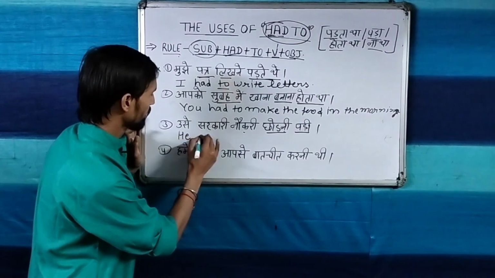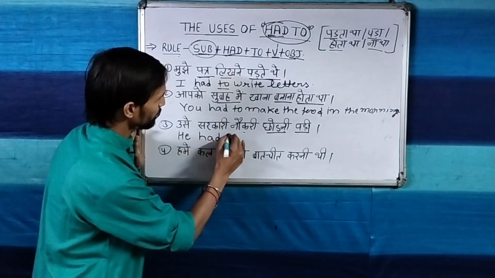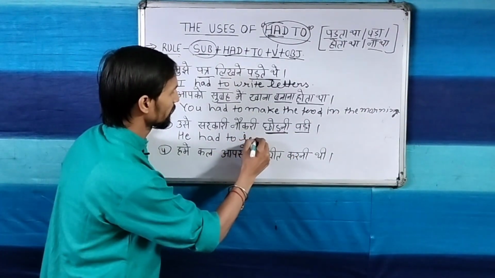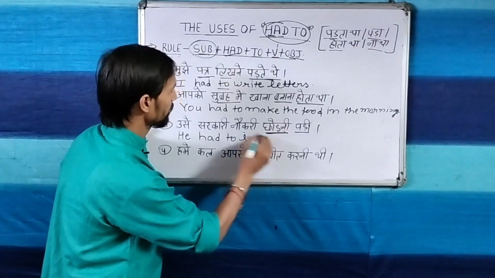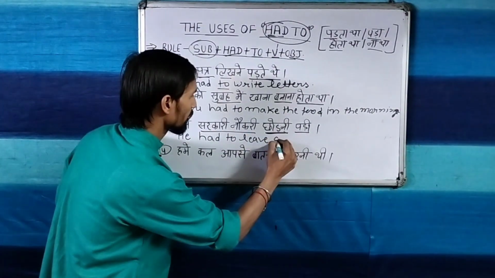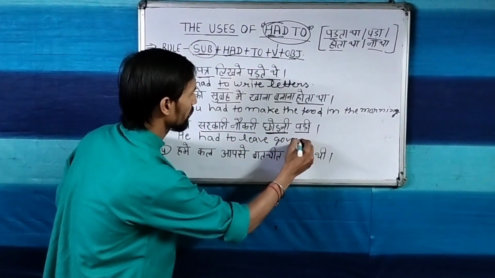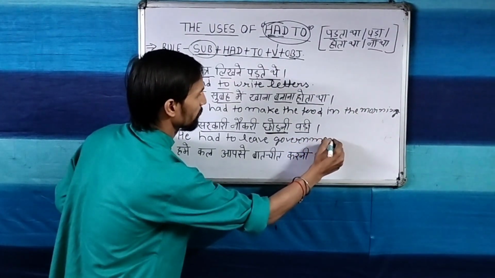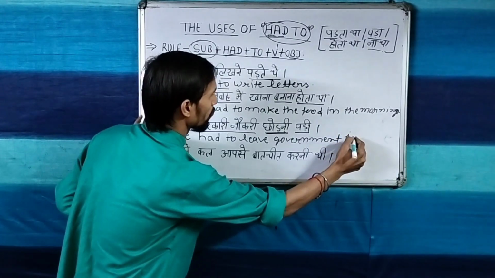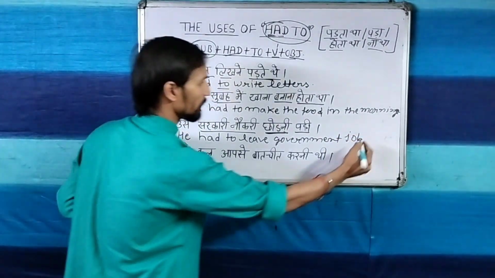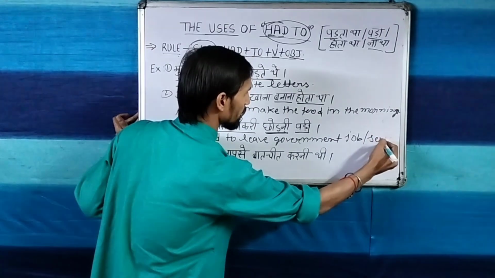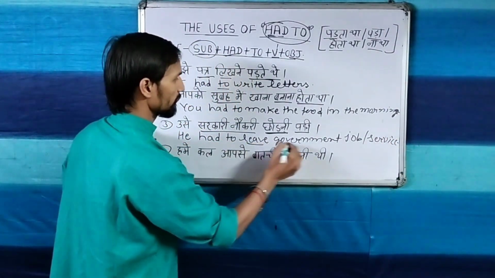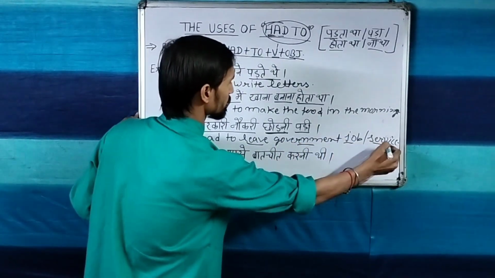Now subject he, with he had to, and after had to छोड़नी, leave: He had to leave. सरकारी नौकरी, government job or government service. He had to leave the government job or service.